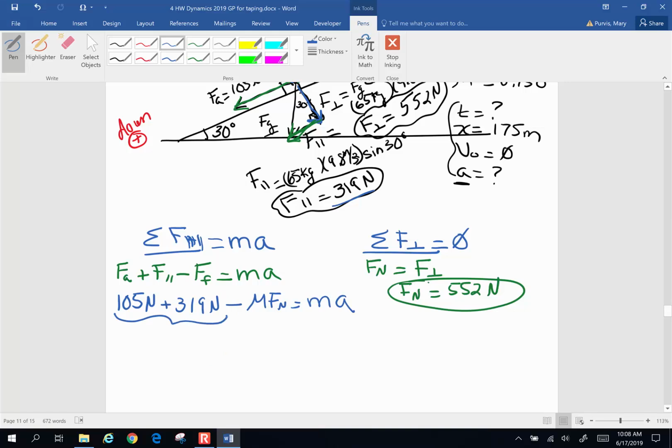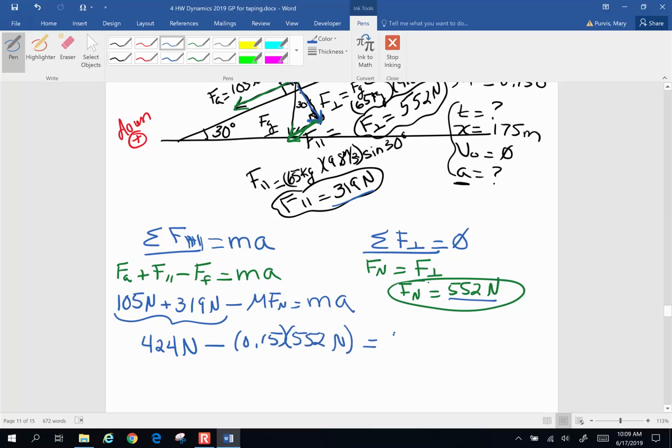Let's pull this down one more level. I'm going to add those two together, just trying to simplify my equation a wee bit. 105 plus 319, I get 424 newtons, minus mu, I'm told mu is 0.15. Normal force I got from over here times 552 newtons equals the mass.